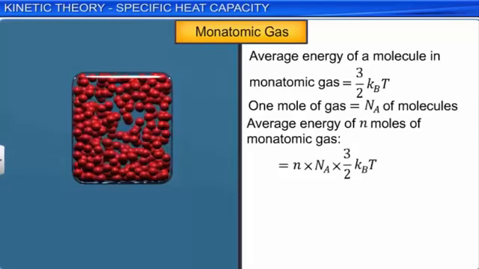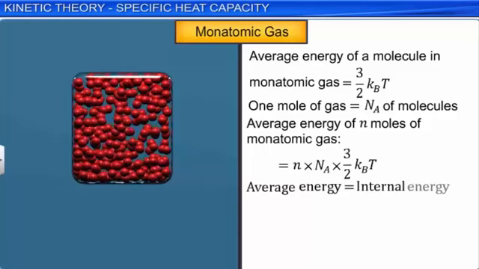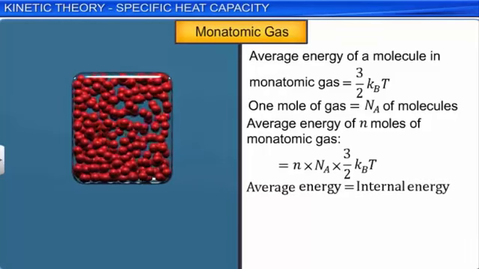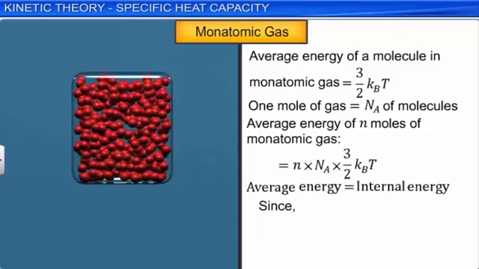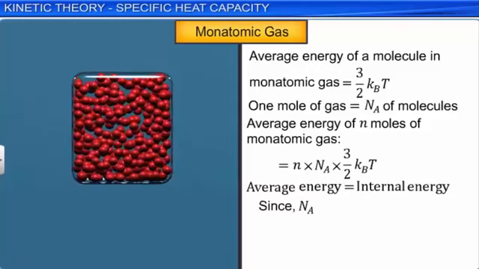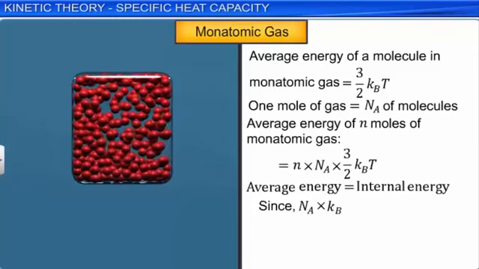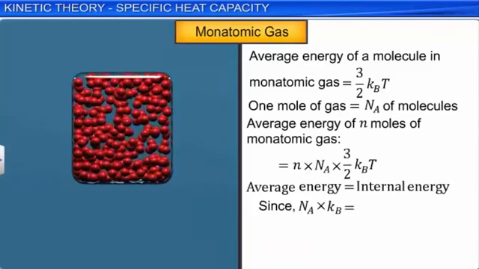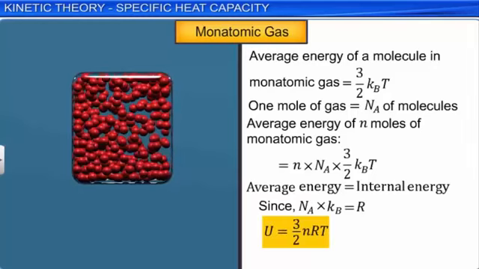This energy is equal to the internal energy of the gas. Since the product of the Avogadro's number, Na, and Boltzmann's constant, kB, is equal to the universal gas constant R, we get U is equal to 3 by 2 nRT.